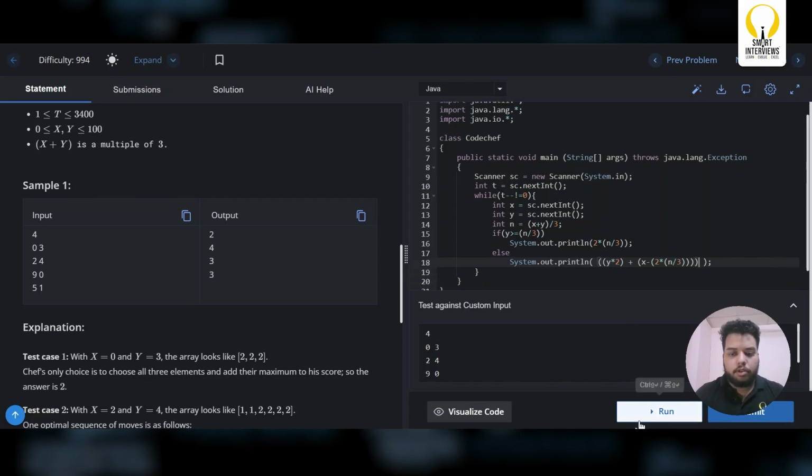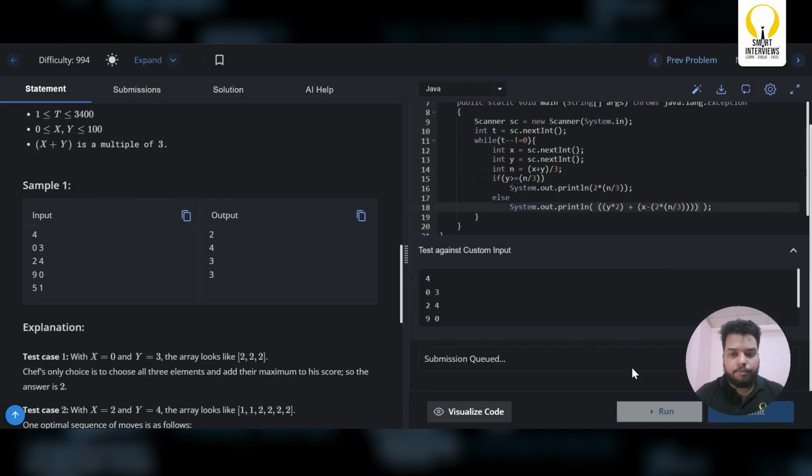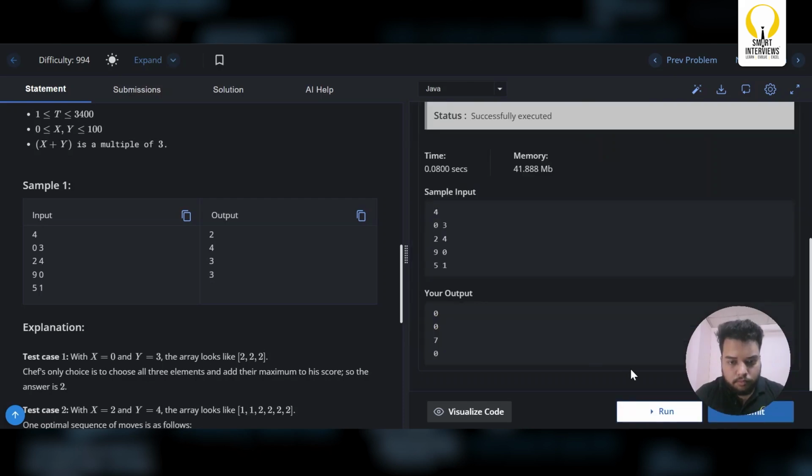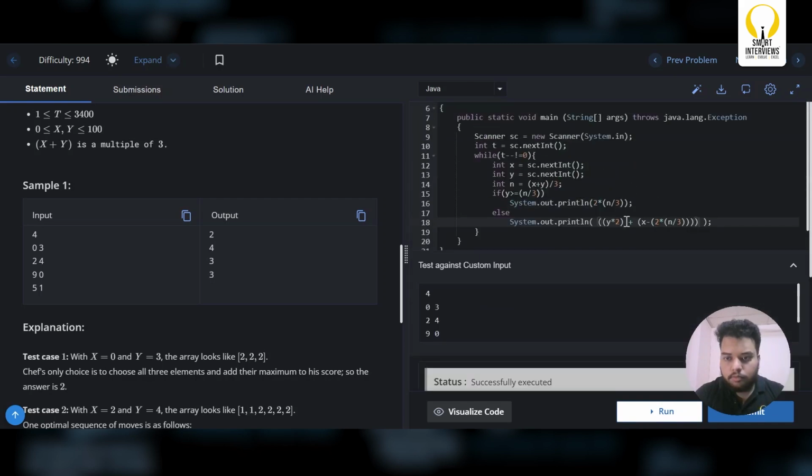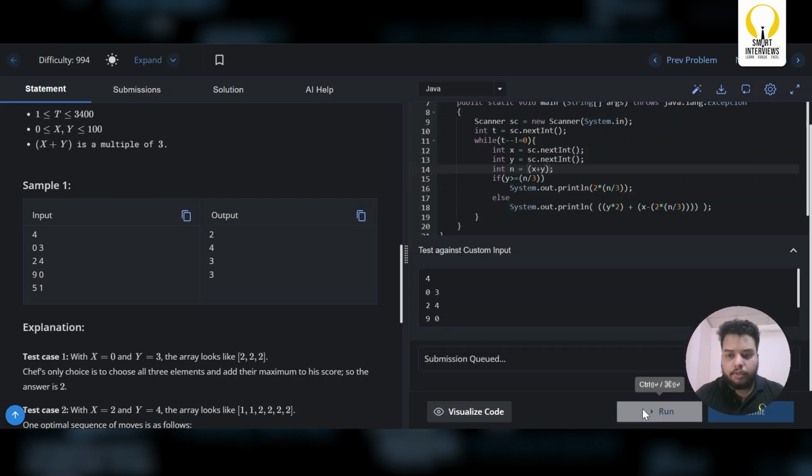Okay, so let's see. Number of 2's into 2, x number of... okay, it should be x plus y. If I'm doing by 3 here, then I can simply keep n here. That would also be fine.